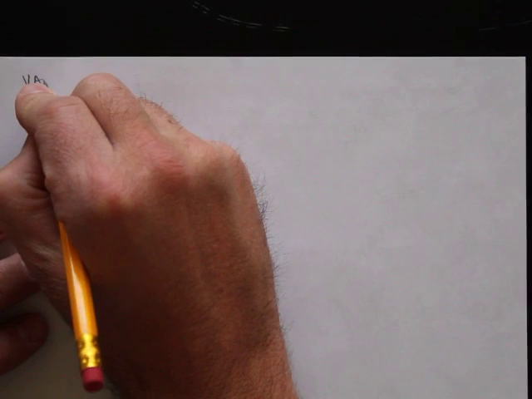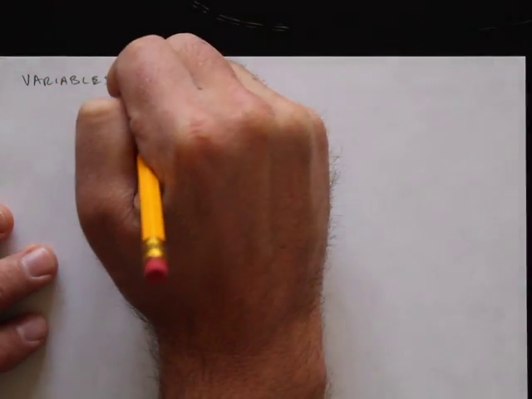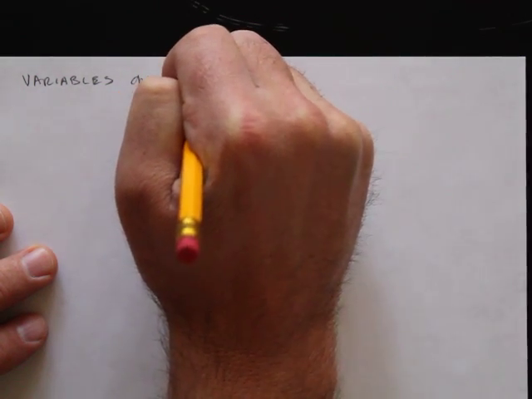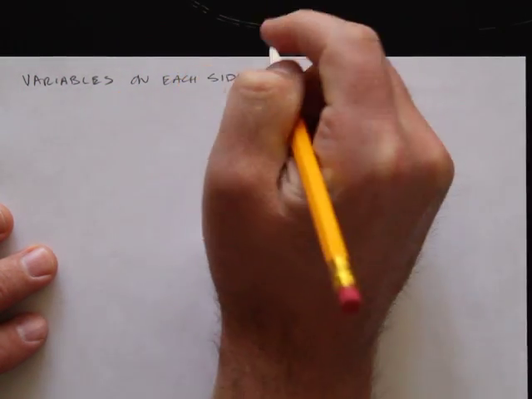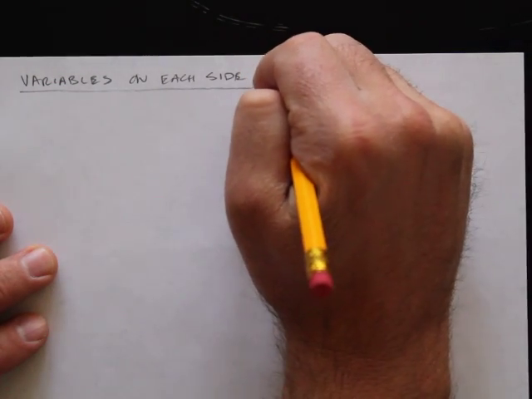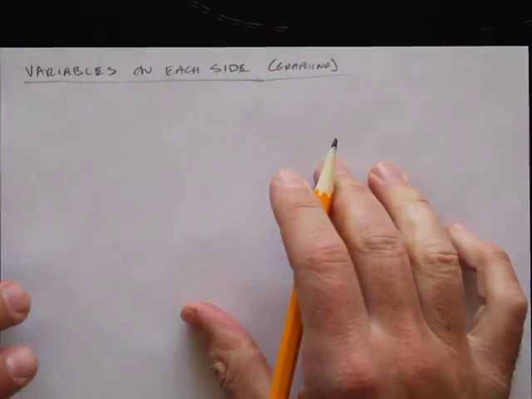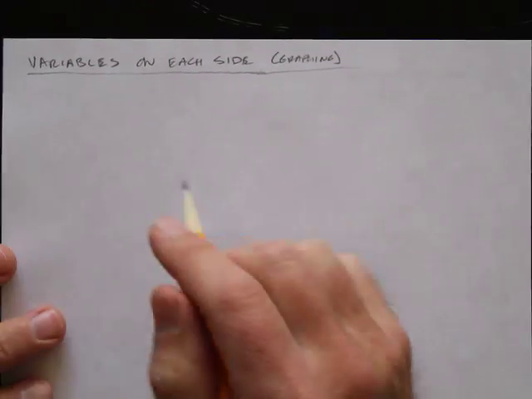Variables on each side. And we're also going to do some graphing here. So let's start with an example.